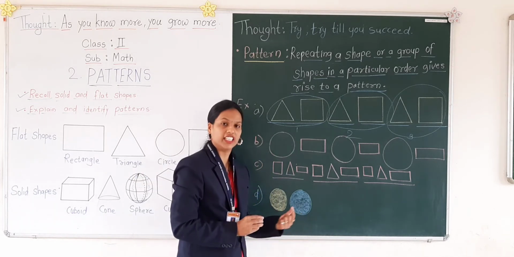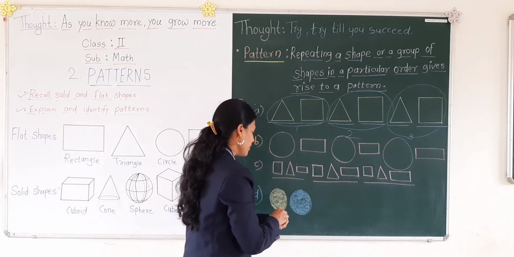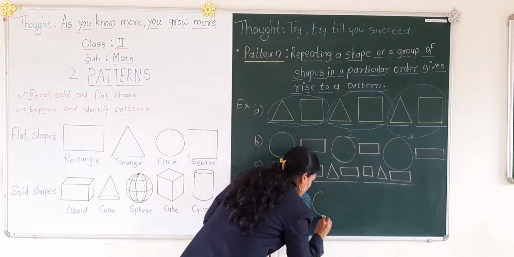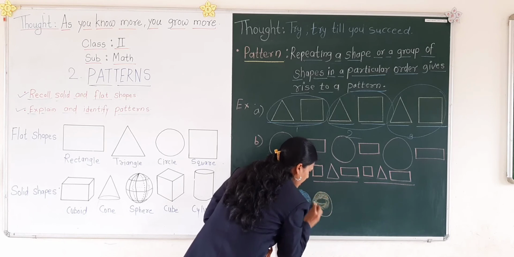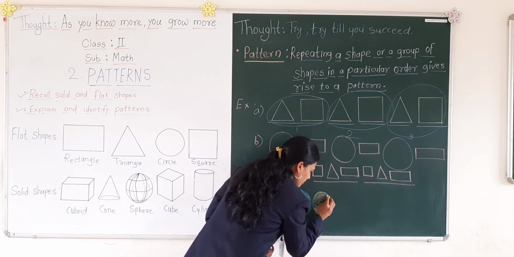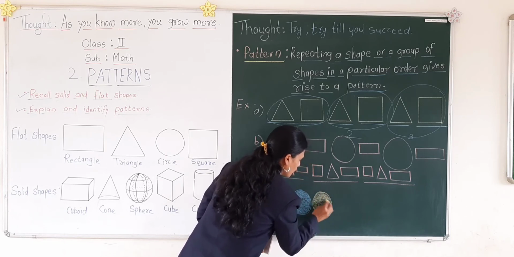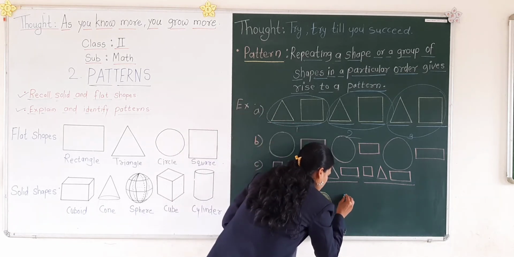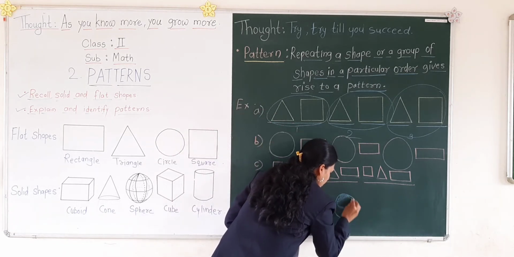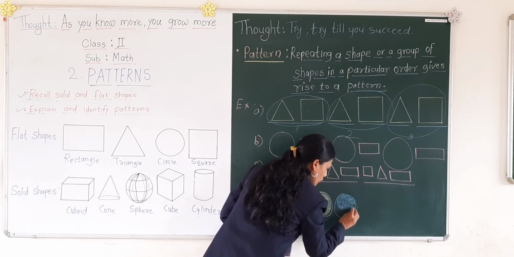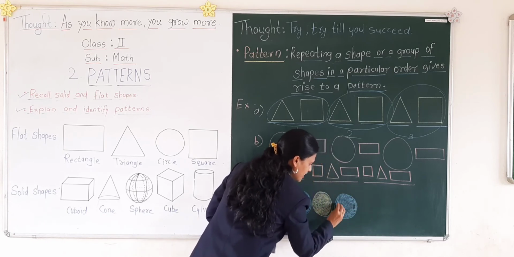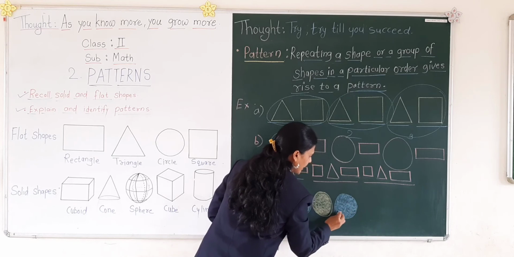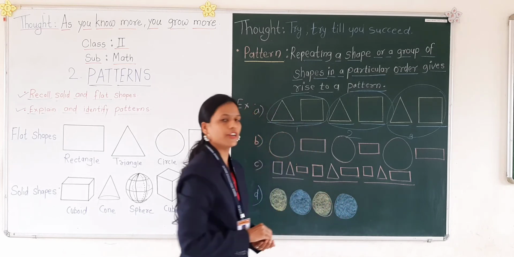Second, again one more circle. I will color yellow, right? After that, very good. Blue color circle. Alright. So, here we can see pattern in different color.